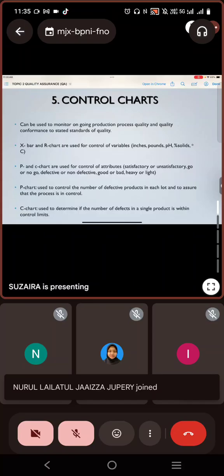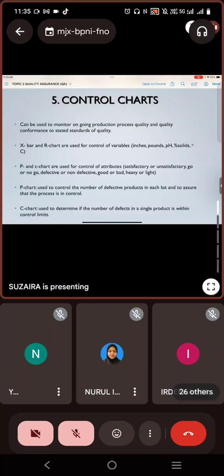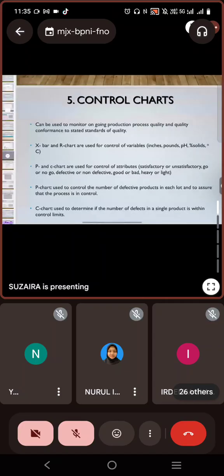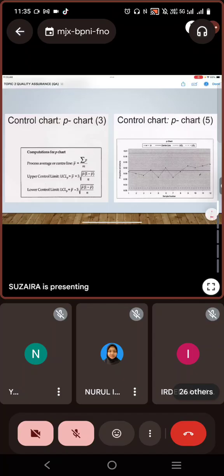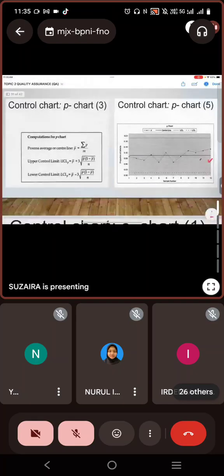Basically, if I show you the control chart, it looks more or less like this. This one is the control chart, but this one is the P chart. And we also have a C chart.